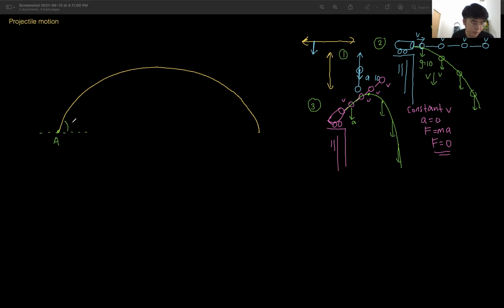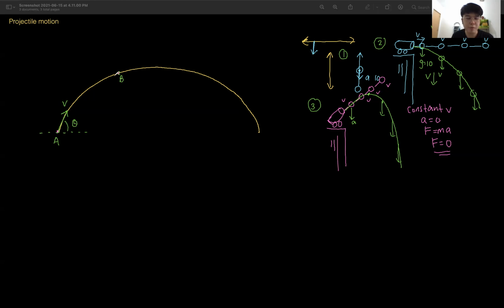This angle is, okay, I just put unknown angle, and then I launch it at this V. Okay, this V is in this direction, along the line, you can see along the trajectory. Now, if the object moves from point A to point B, let's say B is somewhere here. When the object moves from point A to point B, look at the position of the object. It has changed from here to here.